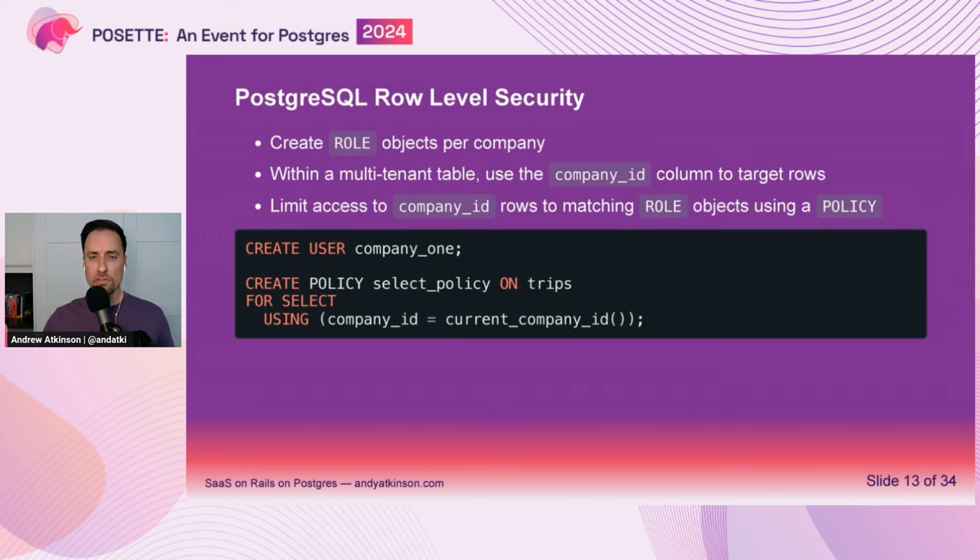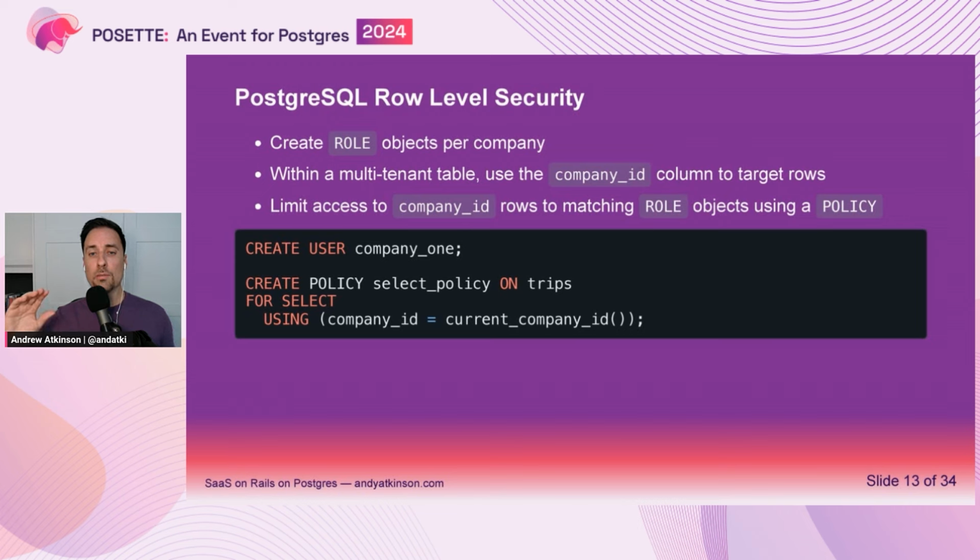In Postgres, let's explore some native capabilities. So Postgres has row-level security built in, and what we could do is create a role or a user object for our companies, which are our tenants, and then we could create a policy per table where we want to limit access that checks the current company ID against the role that is accessing the company.